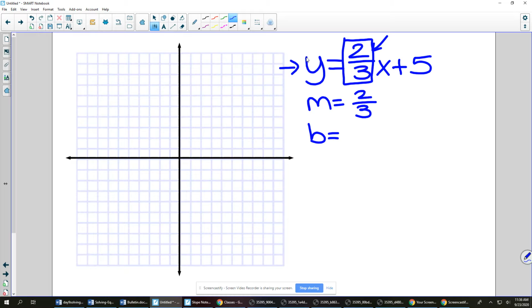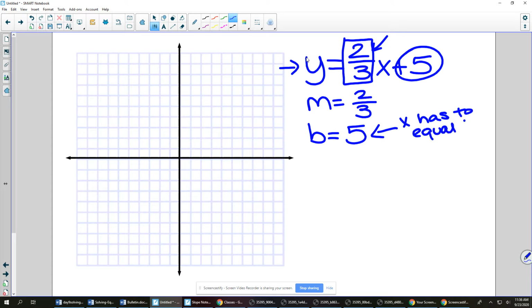Now my y-intercept. My y-intercept is that number that's not attached to my variable, kind of by itself. That would be my y-intercept. And remember, 30 seconds ago, I said x has to equal something for this to be my y-intercept. And x has to equal 0.